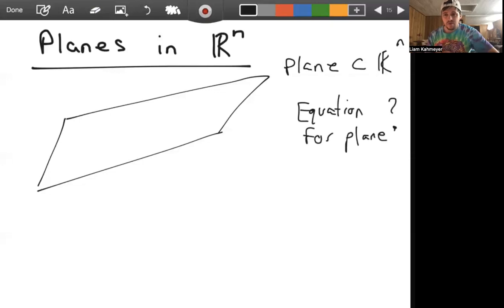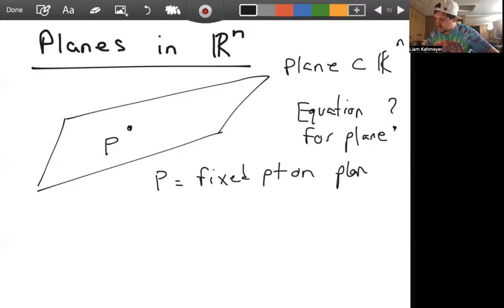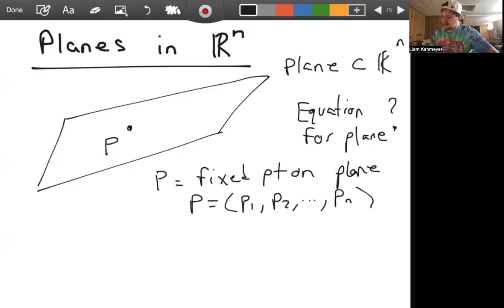So what do we need? Well, to understand an equation for a plane, we need a setting or a base point, right? So let's say we know some point P. And let's say P is a fixed point on the plane, right? And so here we'll give P the values P1, P2, up through Pn in coordinates. And let's pick another point Q on this plane, but we're going to let Q vary.